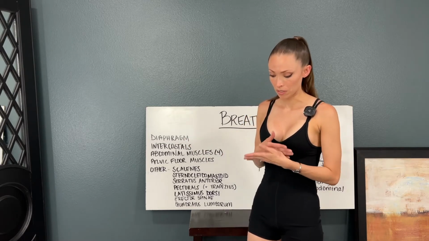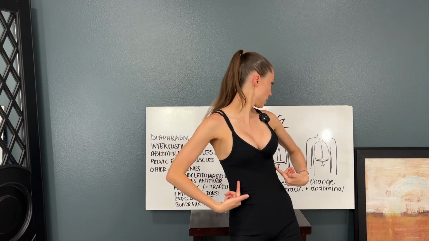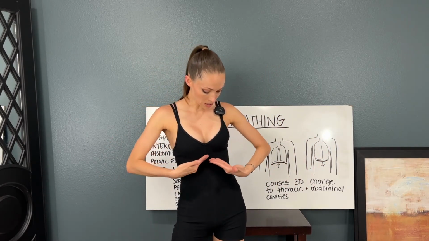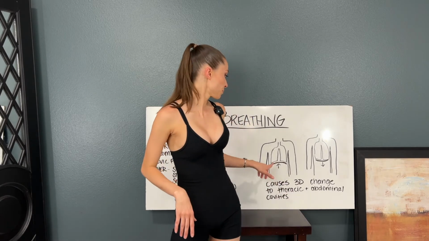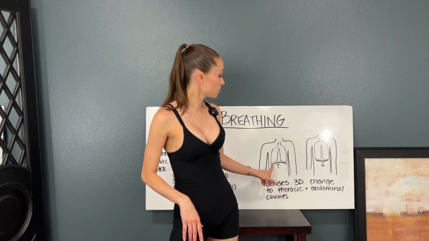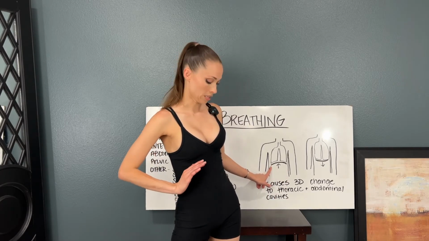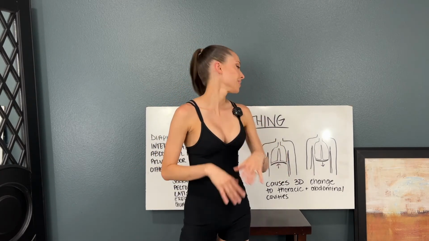The diaphragm looks kind of like a parachute or one of those jellyfishes. It cuts through the center of our torso. In its relaxed position, it is positioned kind of like a dome, like an umbrella.